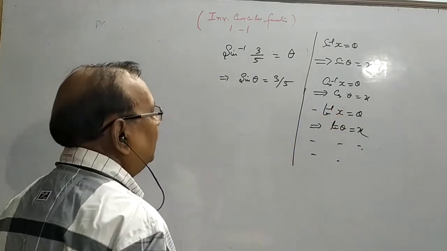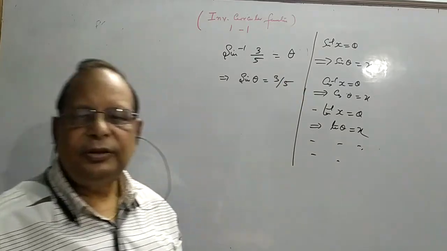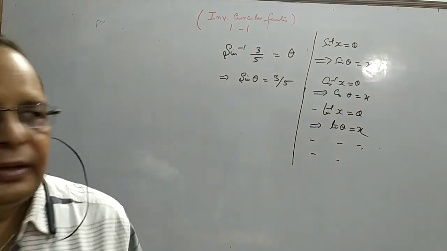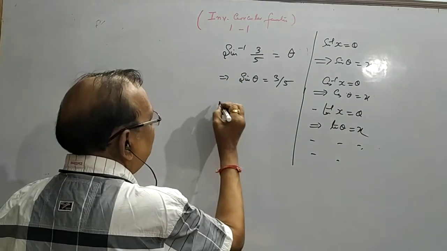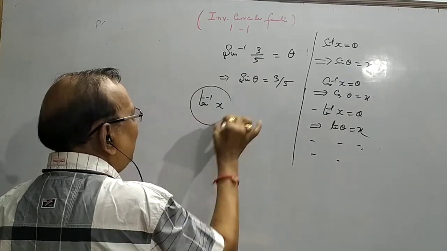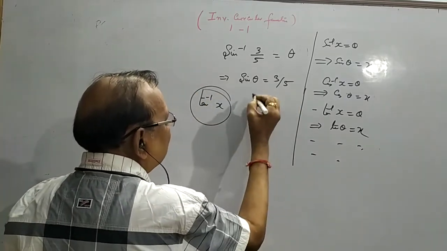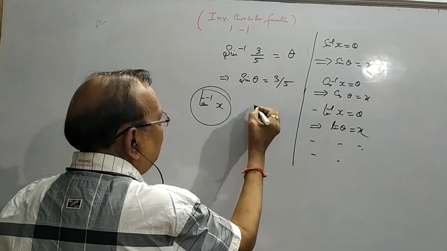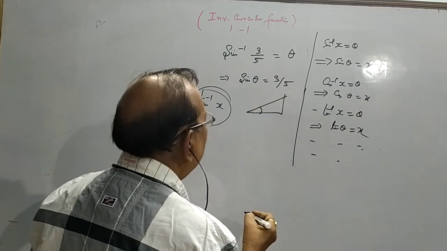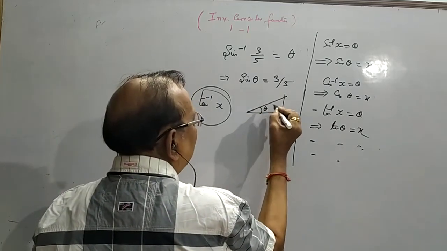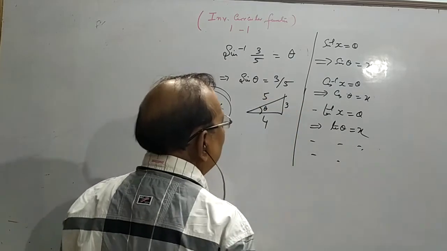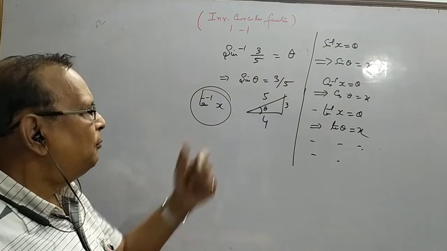Now, you must know in which quadrant theta lies. Since it is positive, it must lie in the first quadrant. So suppose we are interested in tan inverse x. How will we find this? To convert this theta, you may draw the triangle: it is 3, it is 5, and that is 4. That is very simple.